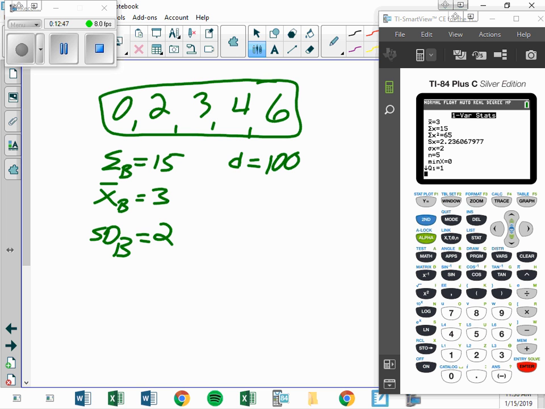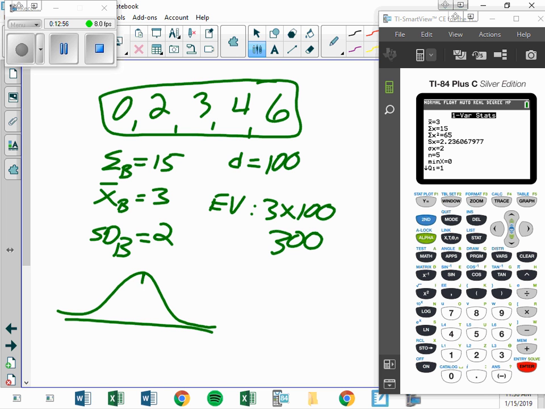So my expected value is going to be 3 times 100, which is 300. So most of you will be close to 300. The standard error is going to be the square root of 100 times 2, which is 20.